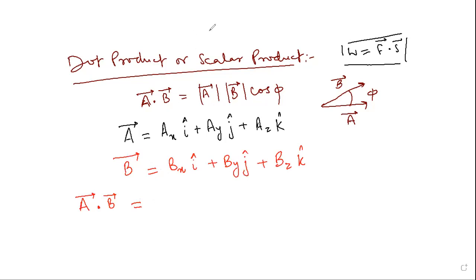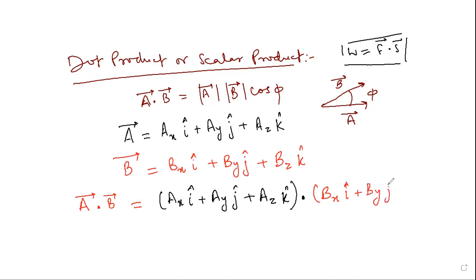So my A is AX i cap plus AY j cap plus AZ k cap dot with BX i cap plus BY j cap plus BZ k cap, right?